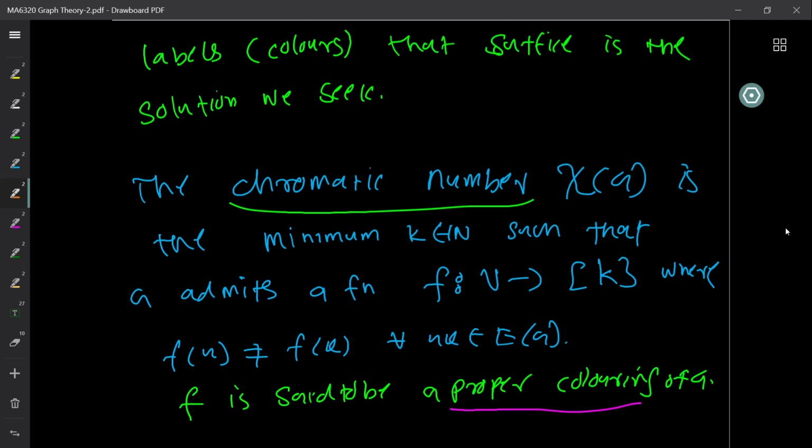For example, finding the chromatic number can be used in several situations, like scheduling exams or meetings, which is just one of them. Then you will see other applications in computer processor sharing, and we will come to some more examples soon.